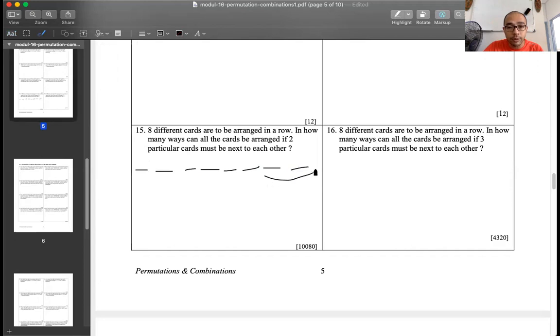But 2 must be together. If 2 must be together, then this one will be 2 factorial. On top of that, you want to rearrange all this, so it's 1, 2, 3, 4, 5, 6, 7. There are 7 groups altogether. This one must always be next to one another, so it's also 7 factorial. So 7 factorial, then you multiply with 2 factorial, and you should be able to get this answer.